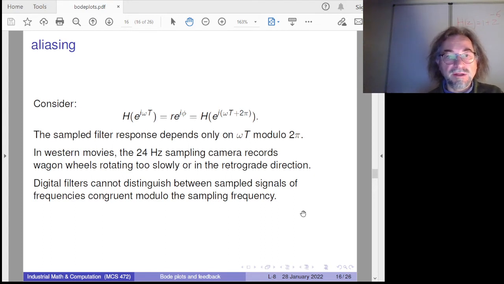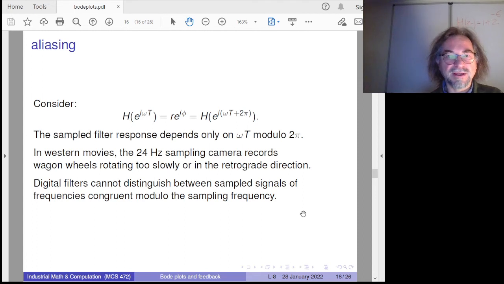If in the theorem we take the transfer function and evaluate it, we get a complex number. But a complex number can be the same if we add simply 2 pi to it, even a multiple of 2 pi.